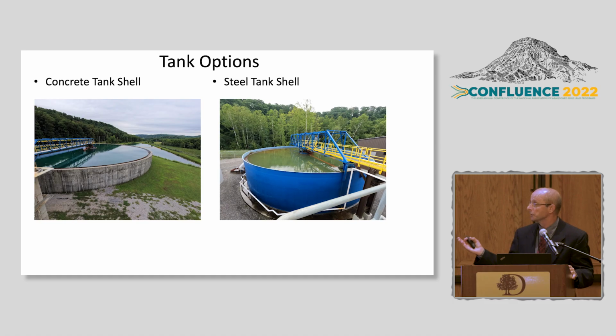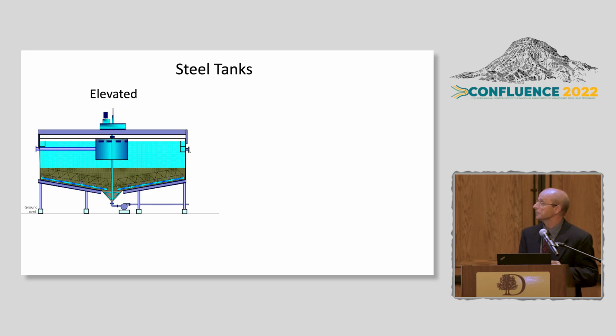Steel tanks are very common too, but they're less expensive to build, but you need upkeep because corrosion in these systems is prevalent, so you need to periodically paint and touch up paint and repaint. So long-term, a lot more maintenance. If we look at steel tanks, they're still commonly used, a lot of concrete, but steel tanks are used. There's a couple of basic types.